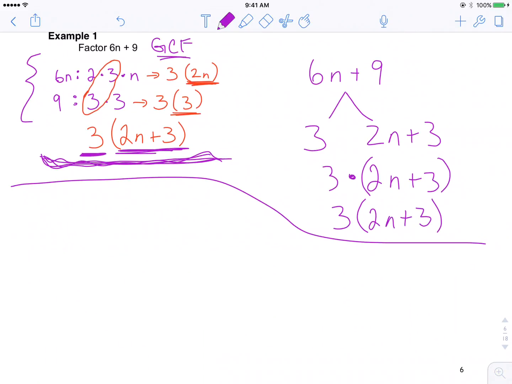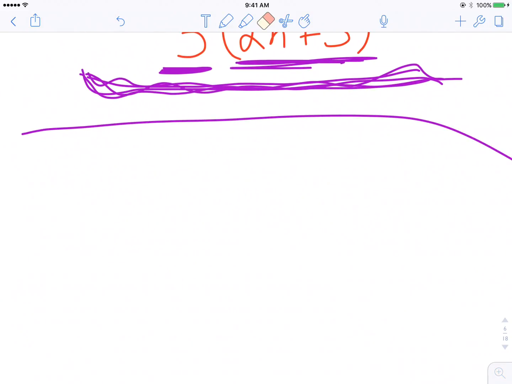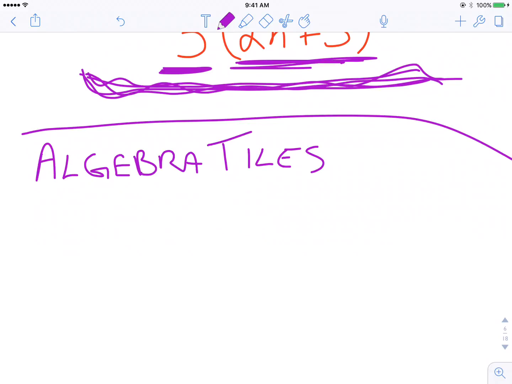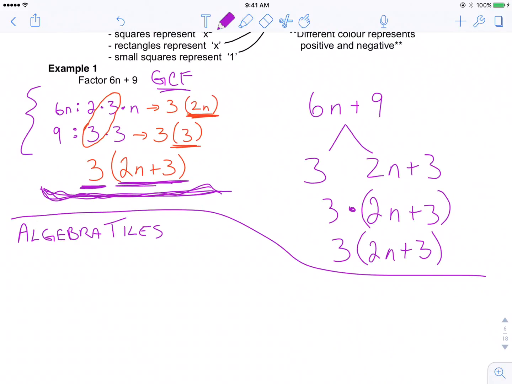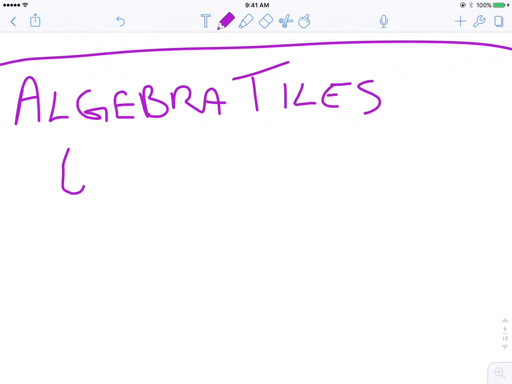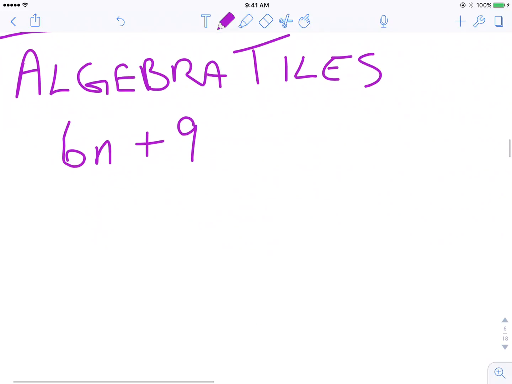Now if we look at algebra tiles, I take my term 6n plus 9, and these are all positive, so I'd have all the same color tiles.